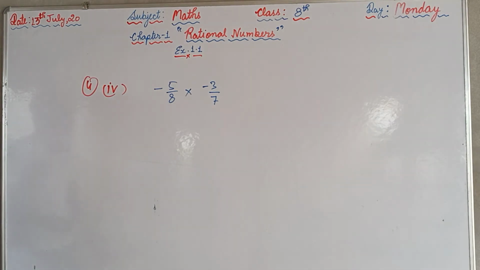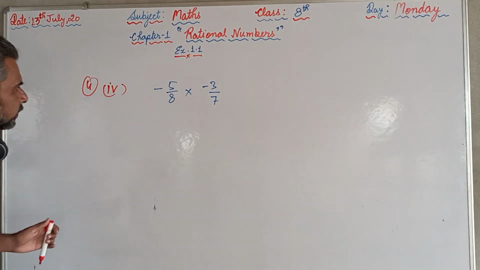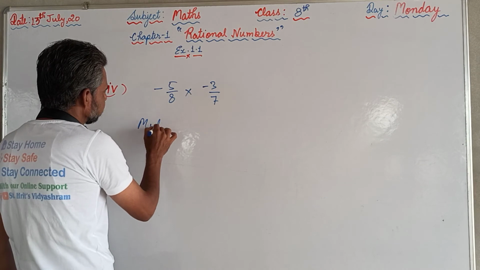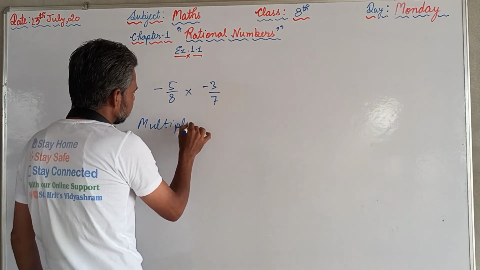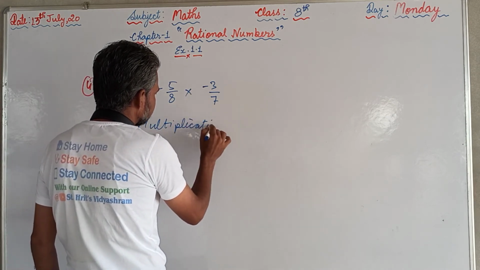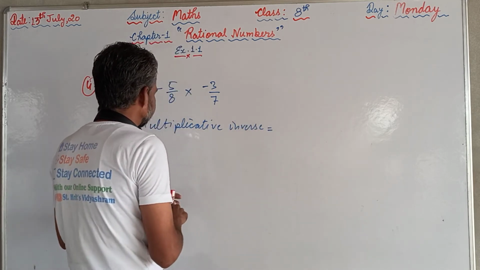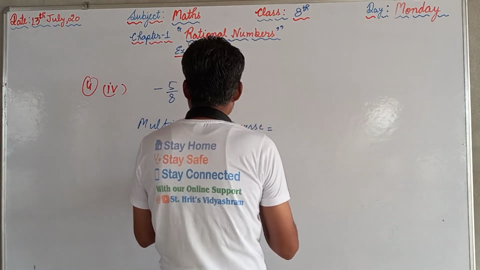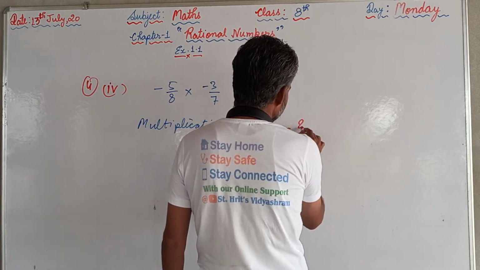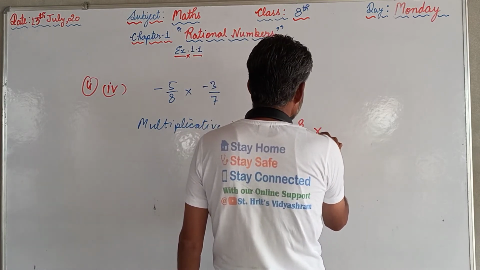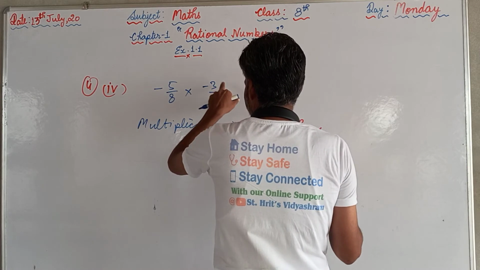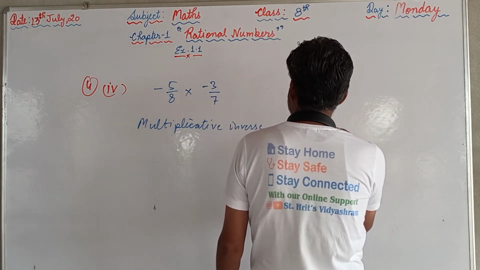Now, how to find the multiplicative inverse of that? The multiplicative inverse will be minus 5 upon 8, it will change to 8 upon 5 into minus 3 upon 7, it will become minus 7 upon 3.